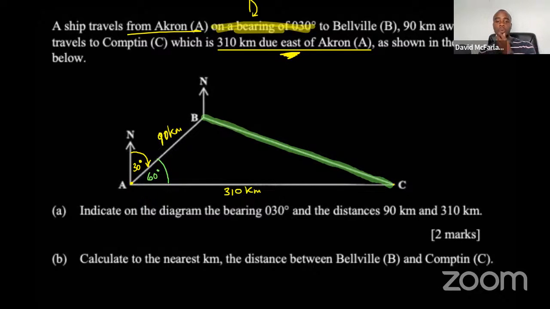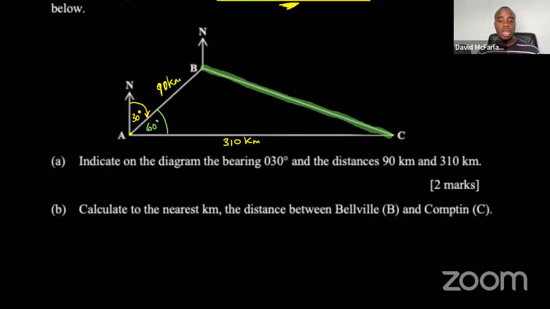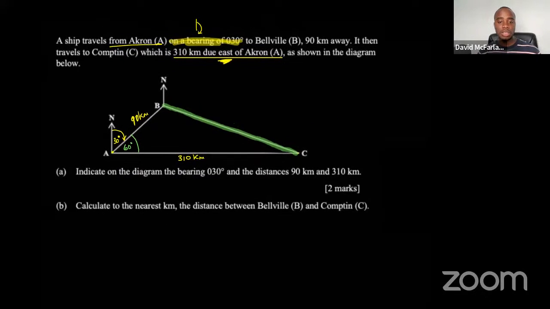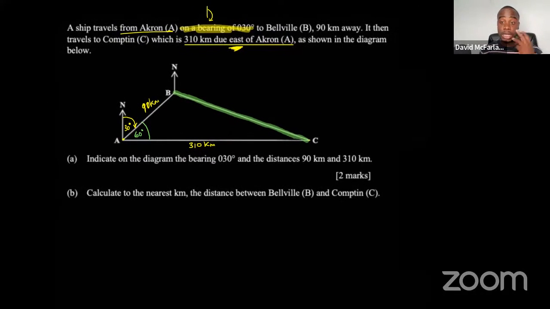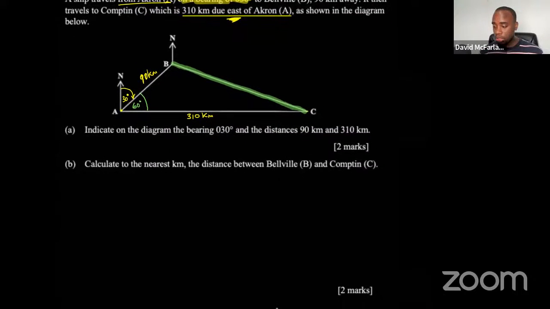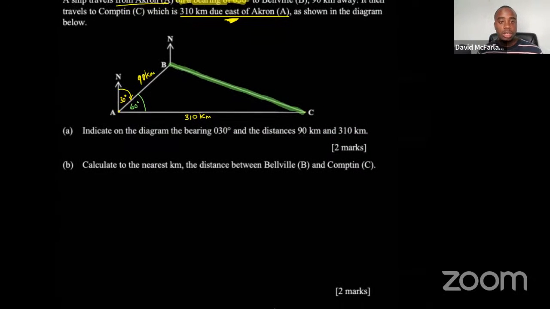Now let's look at what we have. We want to figure out the length of a side, so automatically we're thinking either the sine rule or the cosine rule. Which one would you use? Let's look at what we have.